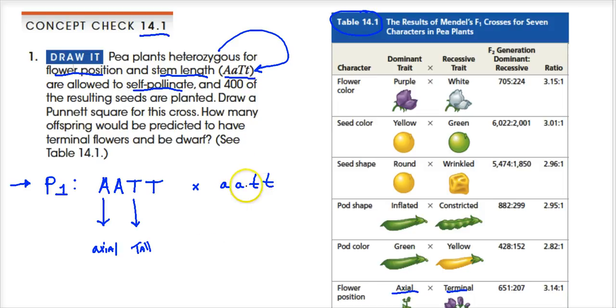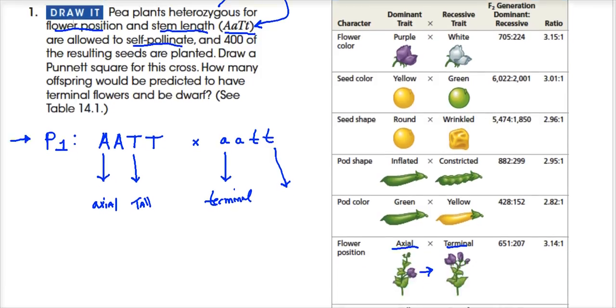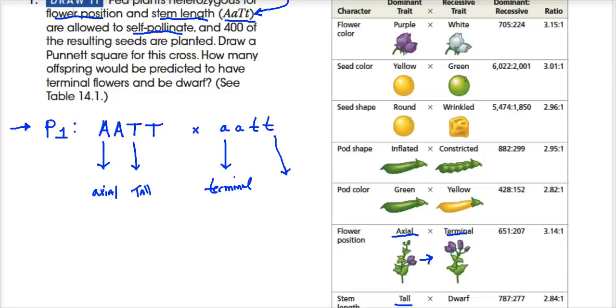Sometimes they'd call this double mutant, but it doesn't matter. The little a, as we learned, is the recessive gene for the axial position, that's the terminal. And the little t is the recessive gene for the stem length, which is dwarf.